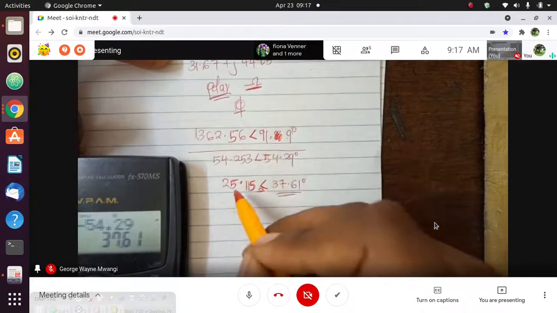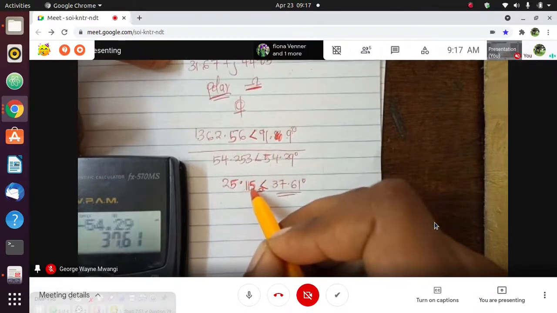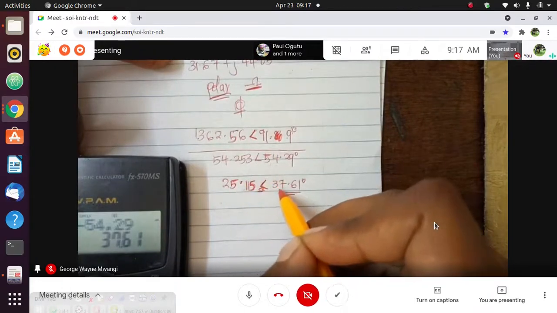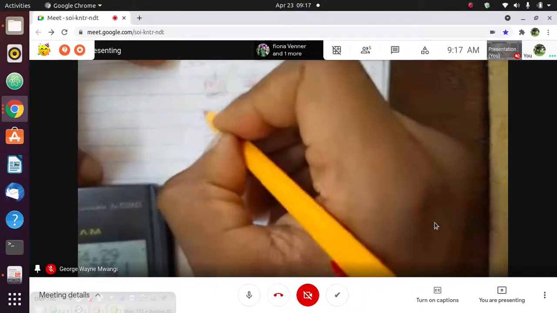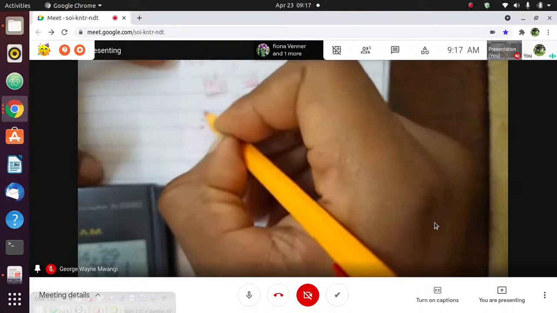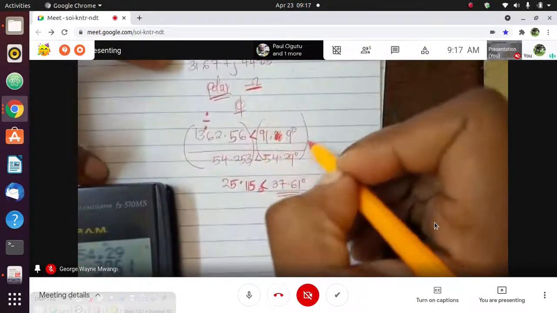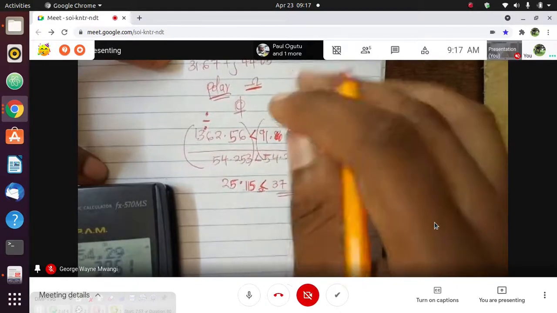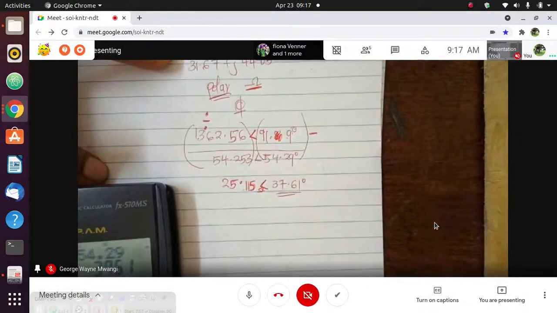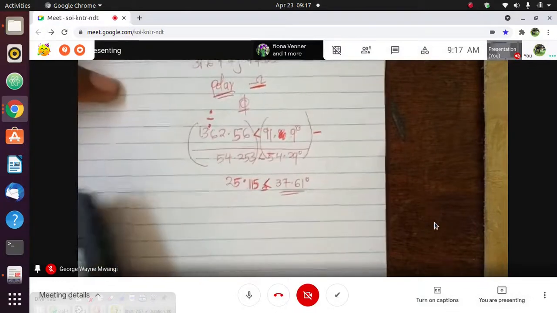We have 25.115 ohms at an angle of 37.61 degrees. So the first two values you divide to get the magnitude of the impedance, and the angles you subtract. Are we together? Okay.